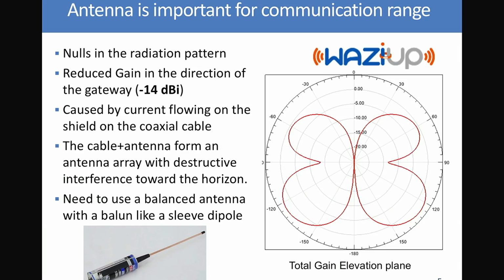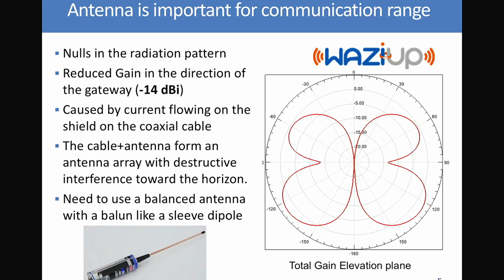So when you have this type of null, you are losing a lot of communication capability. So the gain in the horizon, where the gateway is, is reduced to minus 40 dBi. Normally, for a classical dipole, you should have 2 dBi. So this is why you get such a small communication range.